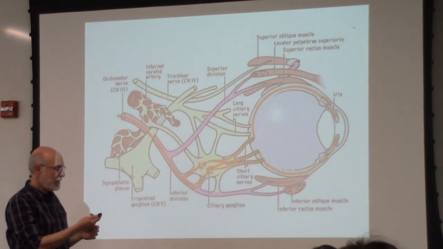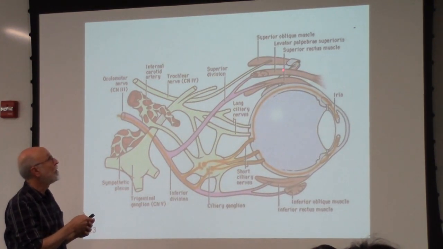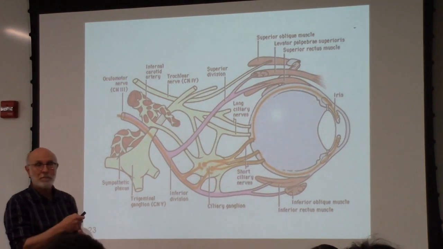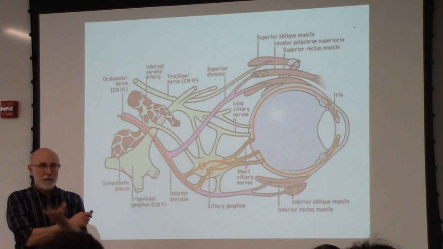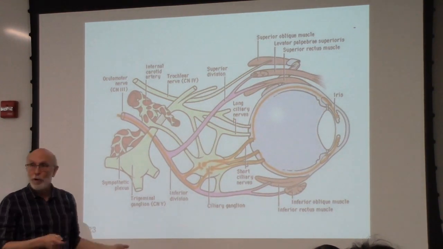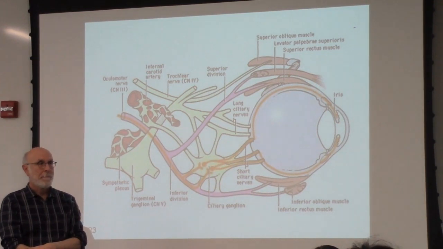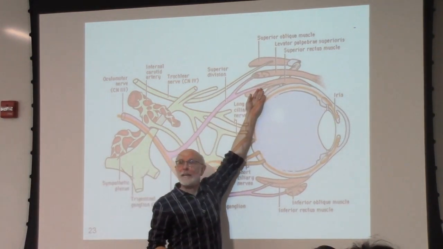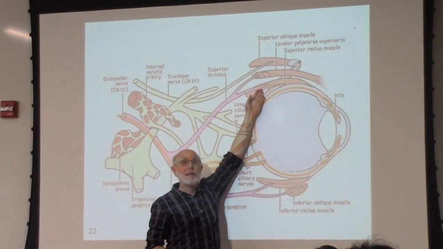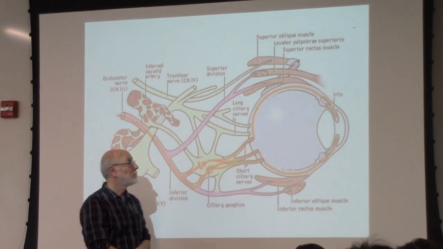What is the neurotransmitter released by the oculomotor nerve on the superior rectus? Acetylcholine. It's a muscle. This is a motor neuron. It releases acetylcholine. What type of receptor is on the superior rectus? Nicotinic receptor, just like every other muscle.